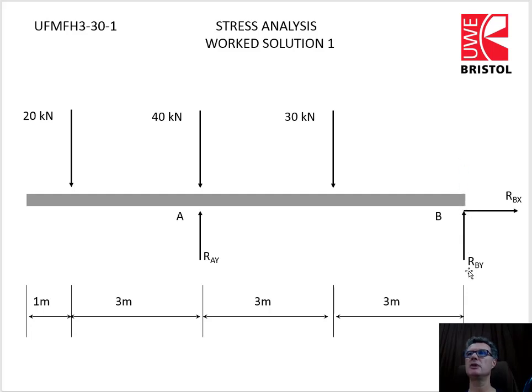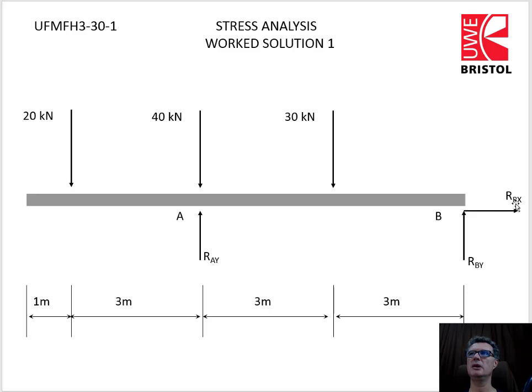I only need one. Now for the hinge, which is made up of two reactions: I'm going to have one reaction pointing up, and the other reaction going from left to right.